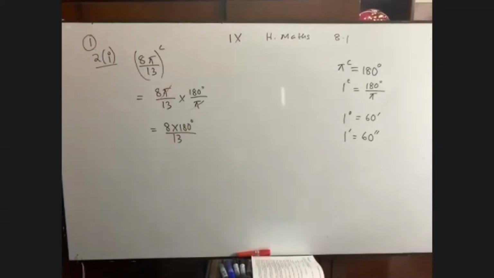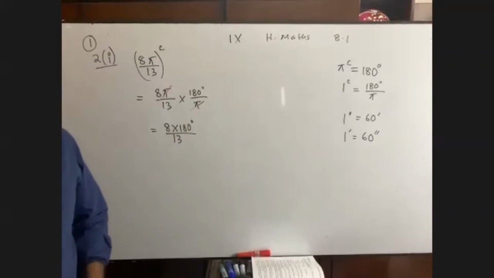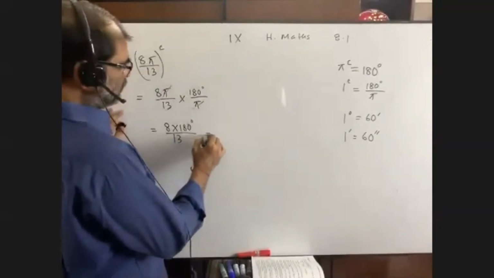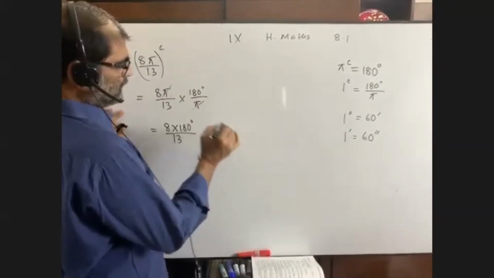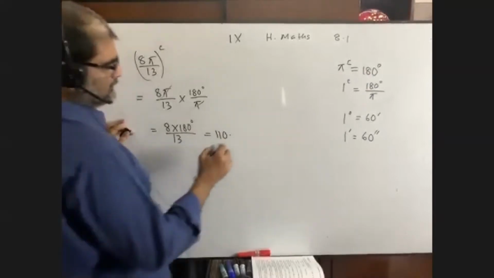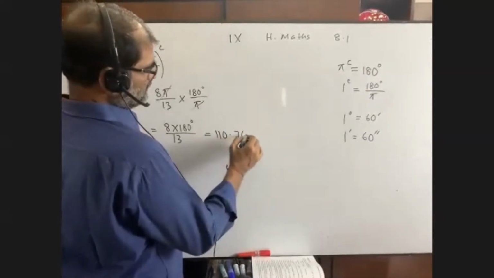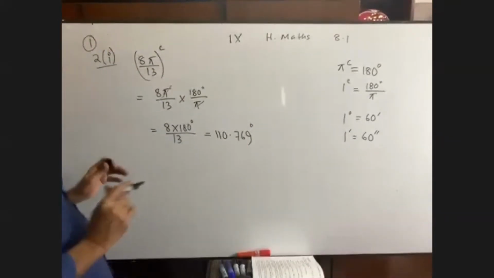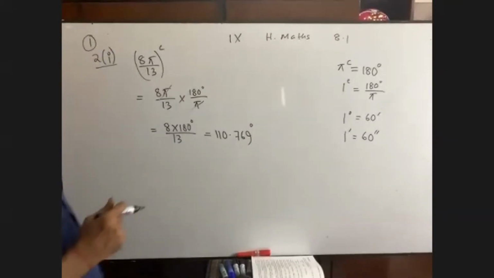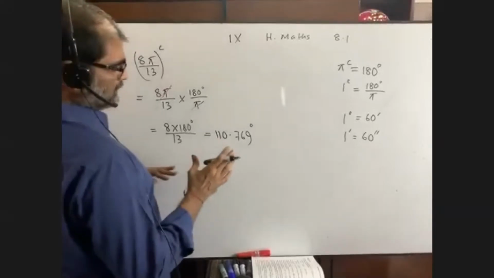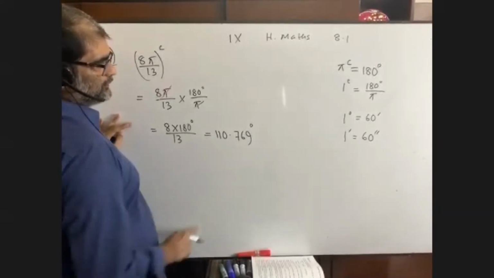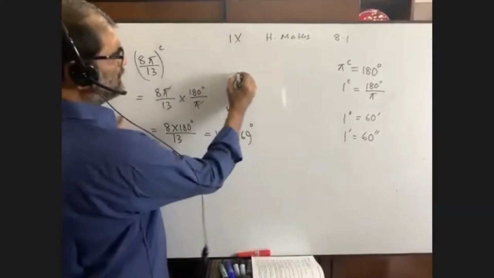Sir, 110.769 degree. Just wait, you are getting here again 110.769 degree. Dear students, it is not the answer again. But remember one thing. In your calculator screen, you are going to see this, right? That day I told you this sign.